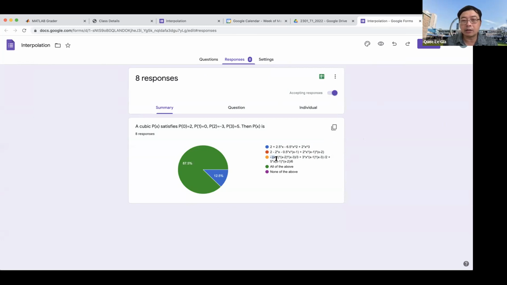But if you expand P(x), then you also get the blue form here, which is exactly the same polynomial. And this one is the Newton form. We will study this one. And all three of them are the same polynomial. Okay, so it's good. We can go back.